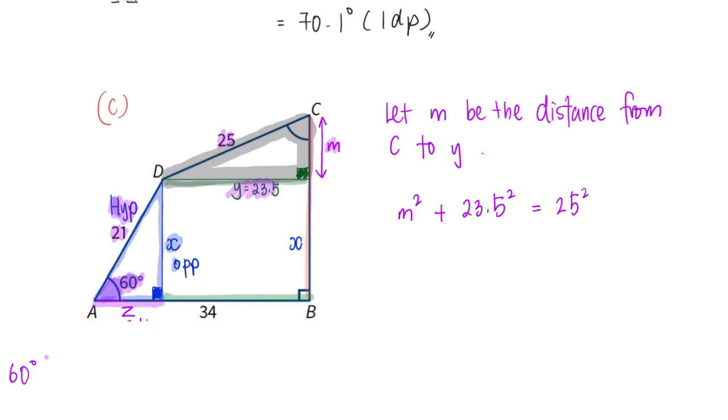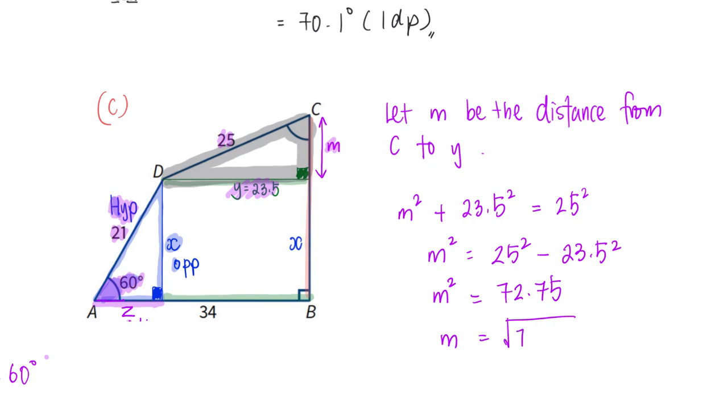This is a right angle triangle, yeah? So therefore my m square is equals to 25 square minus away my 23.5 square, after which I will then be able to get this answer. So my m is simply the square root of 72.75. Since m is not the final answer, I will leave it as it is.